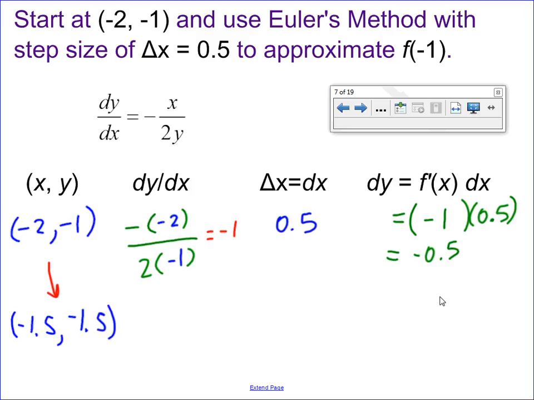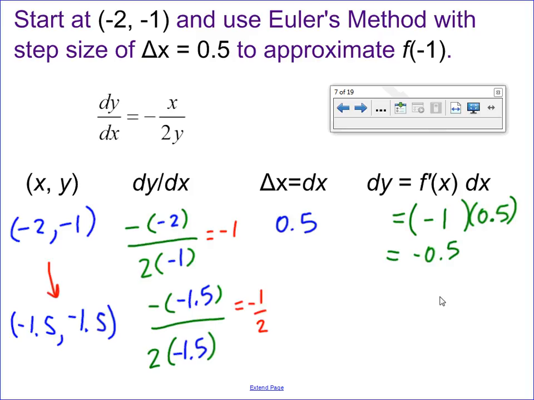I'll now calculate my instantaneous rate of change using dy dx. That's the opposite of my x coordinate over twice my y coordinate. So for us, now that's the opposite of negative 1.5 over twice negative 1.5. And now my slope field predicts an instantaneous rate of change of what? Negative 1/2, yes? Are you guys getting it?